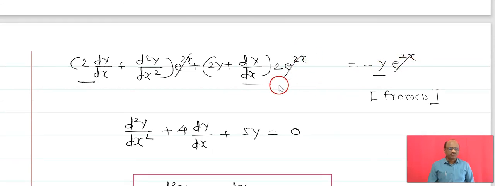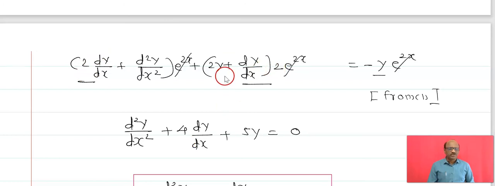Now here y into e raised to 2x cancels on both sides, e raised to 2x, e raised to 2x, and then you will get the equation d2y by dx square plus 2 into dy by dx, plus 2 into 2 dy by dx, plus 2 into dy by dx, that will become 4 dy by dx.